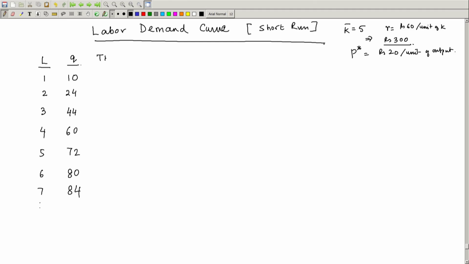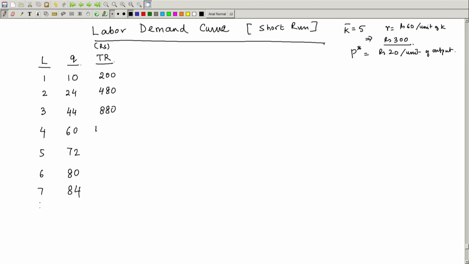If I were to compute the total revenue, I could measure it in rupees. One labor hour is producing 10 units, each sold at 20 rupees per unit, so that is 200. Then 2 labor hours produce 24 units, each sold at 20 rupees, so the revenue is 480. 3 labor hours produce 44 pencils, which gives me 880 rupees.